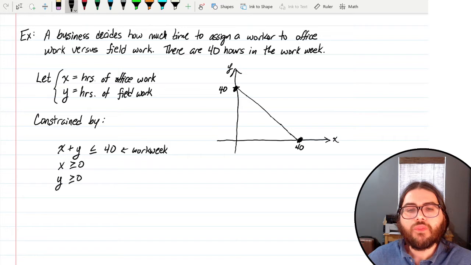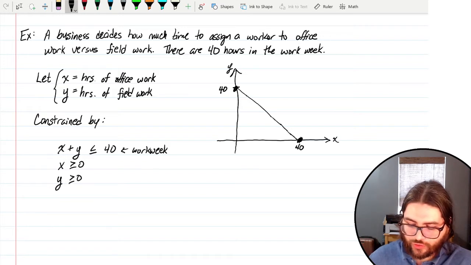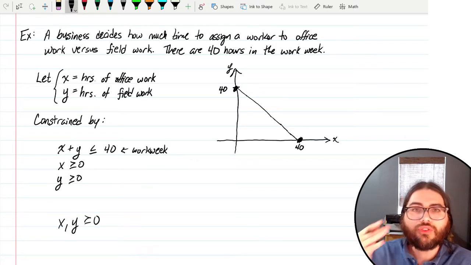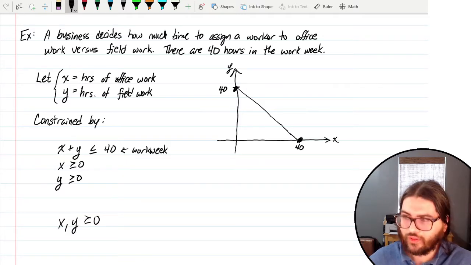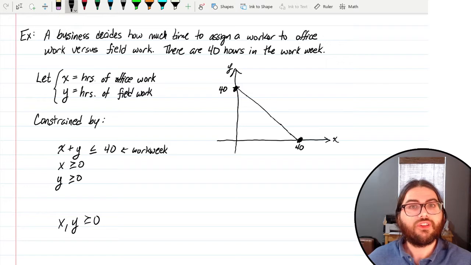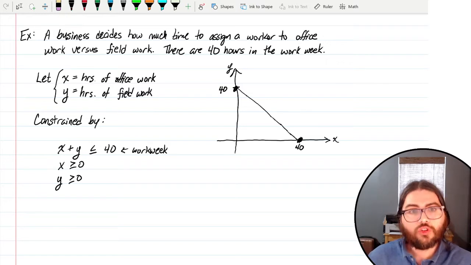Most of the time, when I write these problems in the future, I will just write them both X, Y greater than or equal to 0. I don't need to see those every single time, even though they will show up in pretty much every application word problem we have. But for right now, this first example, I'm going to list them as two separate constraints.